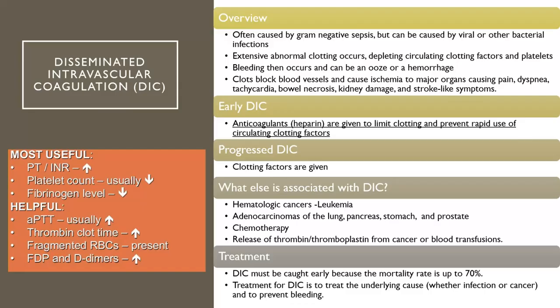Leukemia, adenocarcinomas, prostate chemo, release of thrombin or thromboplastin with your blood transfusions. In the treatment, you must catch it early because the mortality rate is up to 70%. Treatment for DIC is to treat the underlying cause, such as cancer or infection, and prevent bleeding.